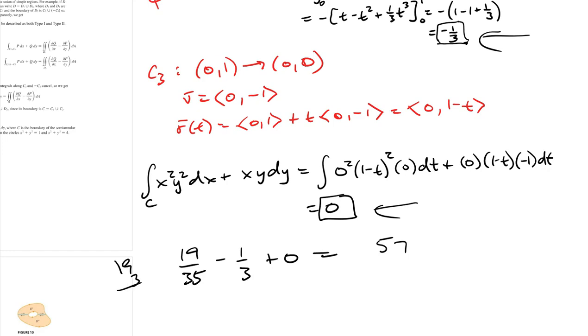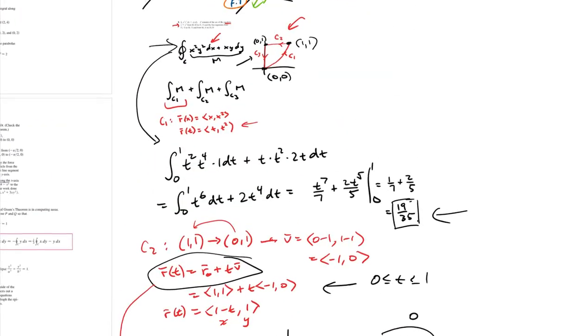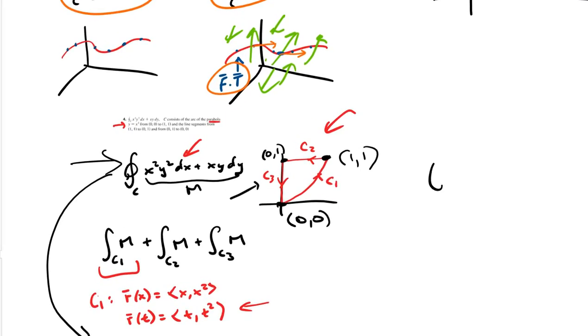So 57 minus 35 all over 105. And so I think that's 22 over 105. Yeah, 22 over 105. So that's if you do it directly, just using regular line integrals like from 16.2.